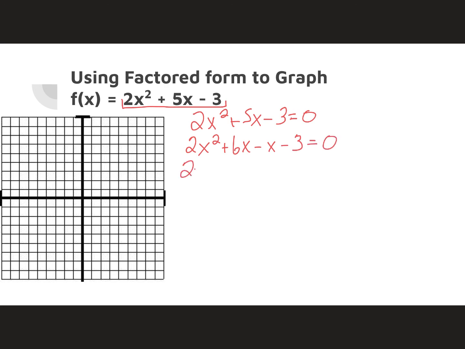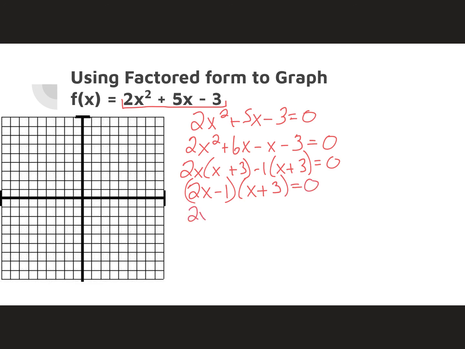So I have 2x times x plus 3, and then minus 1 times x plus 3 equals 0. So I have 2x minus 1 times x plus 3 equals 0.